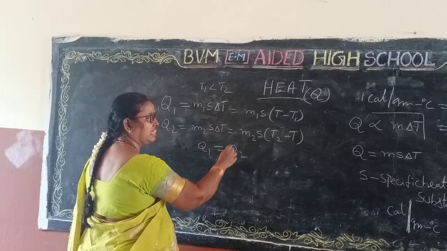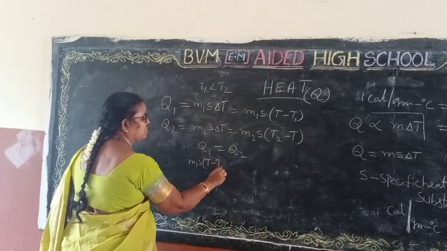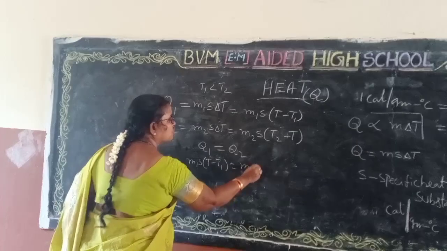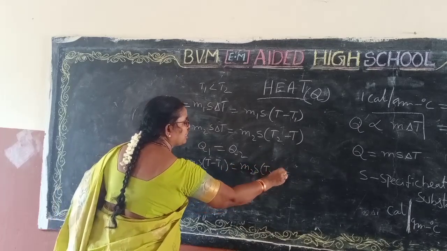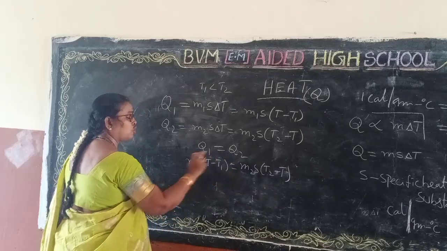When you equate this, M1 S (T minus T1) is equal to M2 S (T2 minus T). On both sides specific heat S is there, so you can cancel.